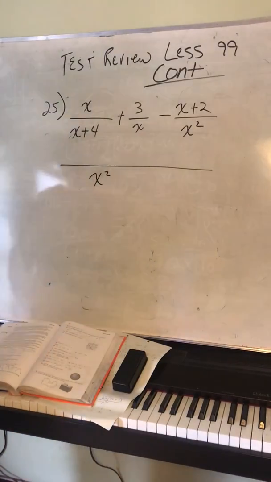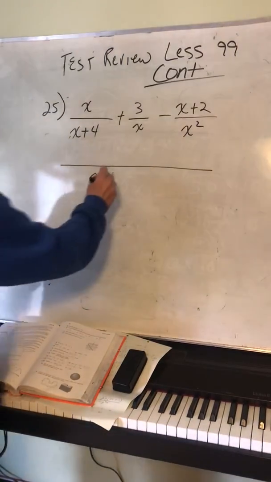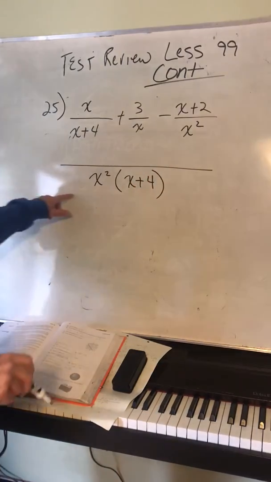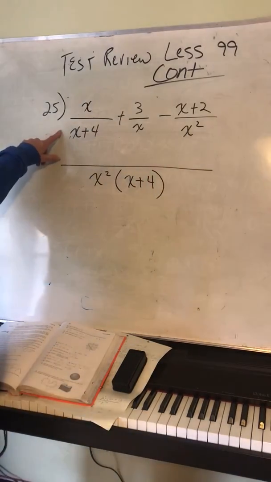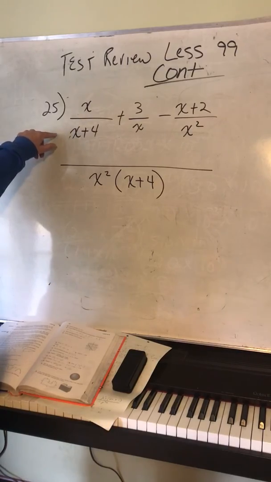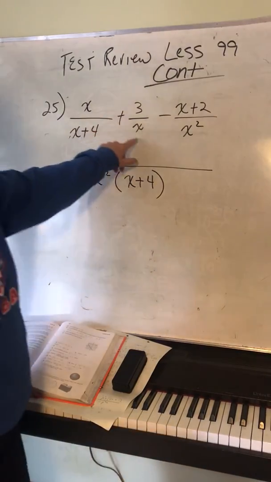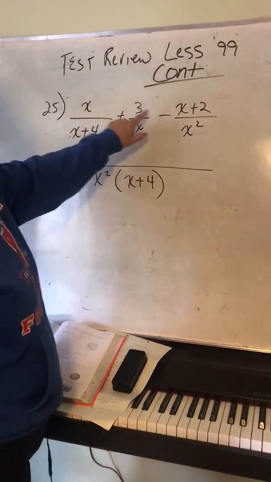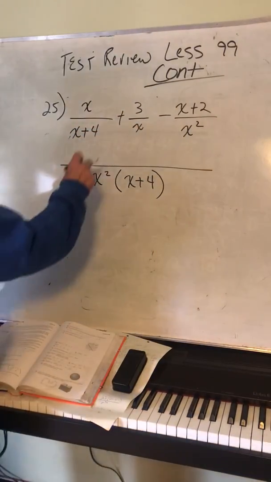We need the largest of what we have there, and then x plus 4. So that is the common denominator that we will use on this one. This is different. It's not an equation. We find the like denominators, the common denominators, when we're adding and subtracting fractions.